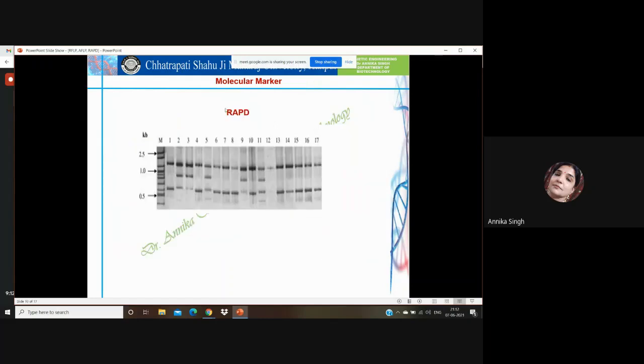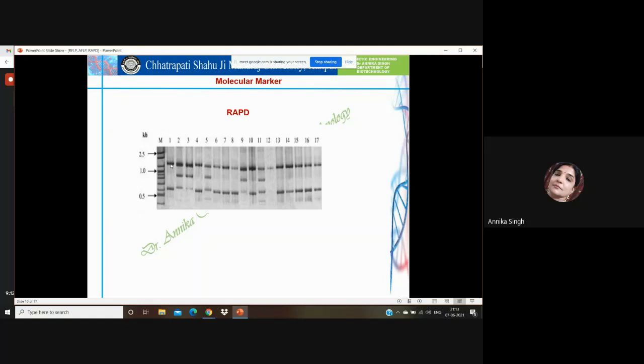So, this is an experimental evidence of RAPD which shows the variation among these 17 samples, and this M is used as a DNA marker. The size is in kilobase pair, and we can see that this band is present in only a few samples.